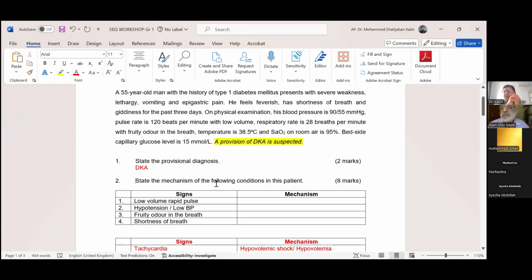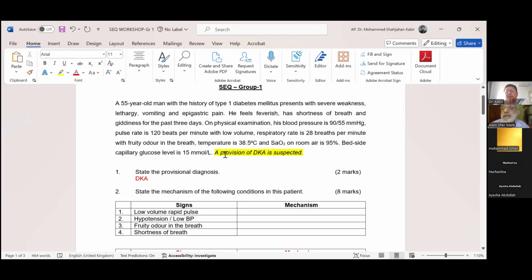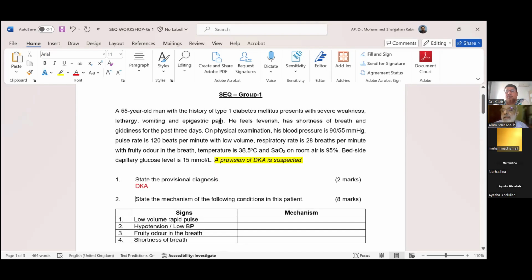You cannot add new information in the question. You can add information in the scenario, but not in the question. The question has to be based on the scenario, and that's nobody's fault. That is the drawback of SEQ: unless we give some indication of a diagnosis, it becomes totally dependent questions.